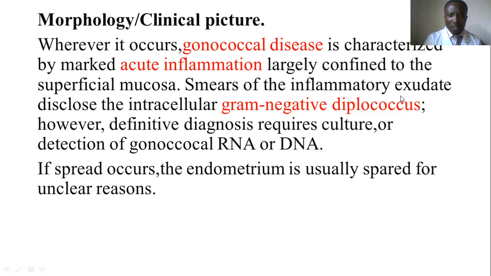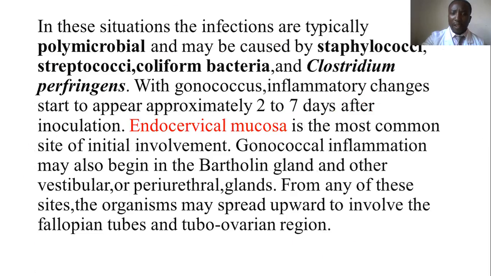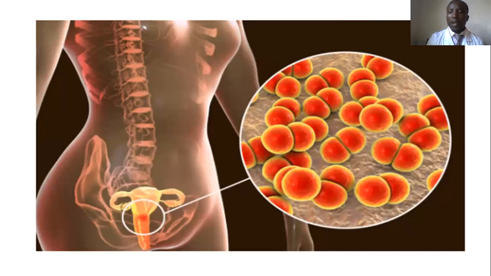So smears of the inflammatory exudate disclose the intracellular gram-negative diplococcus. The diplococci are the Neisseria gonorrhea bacteria that we are talking about. The Neisseria bacteria, they are the ones which are diplococci. They exist in pairs.